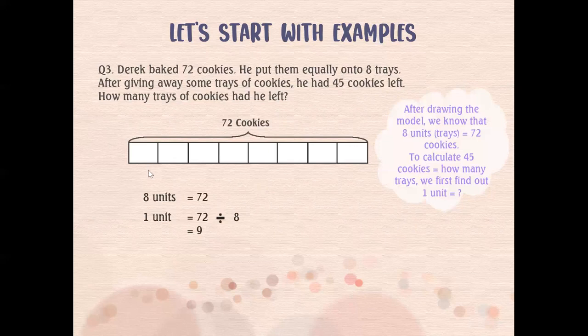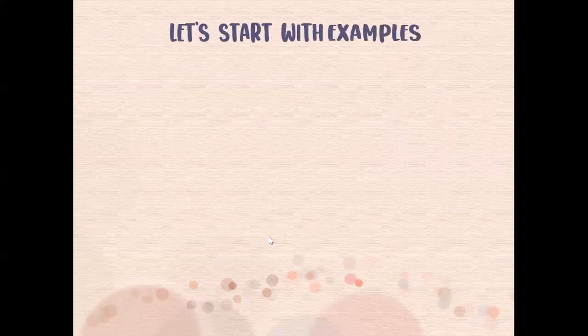So 1 tray is 9 cookies. We take 45 cookies divided by 9, which equals 5. So the answer is he had 5 trays of cookies left. Let's go on to the next example.